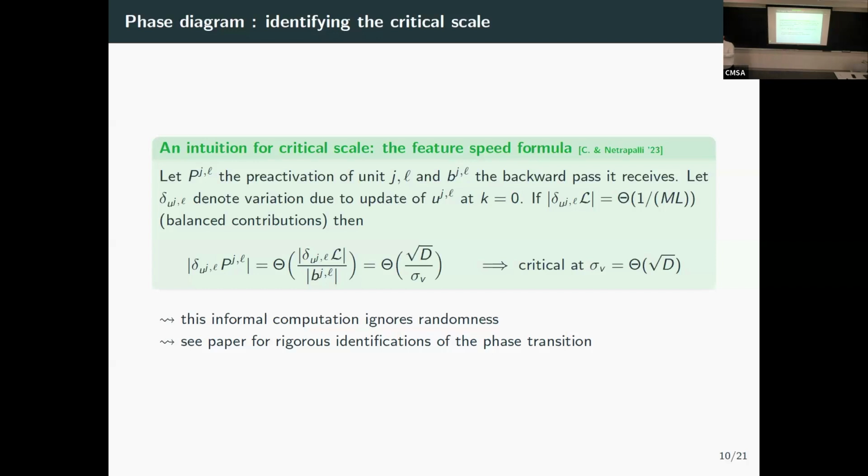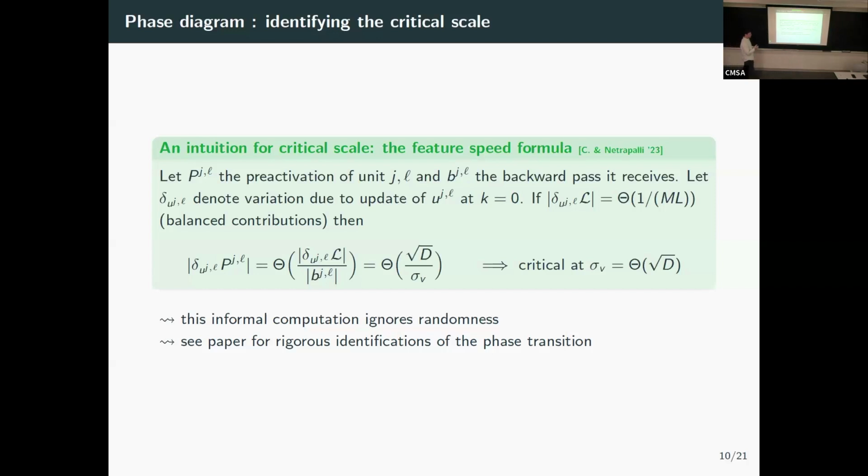So there's a general formula which works in any architecture. You can apply it. And if you use that the change of the loss due to one weight matrix is 1 over ML because we have this balanced contribution of learning rates, you look at the scale of the backward pass that is received by this preactivation, and you obtain that the change of the preactivation due to a weight matrix is square root D over sigma V, which shows the criticality at this scale.